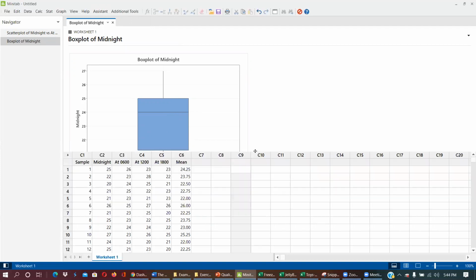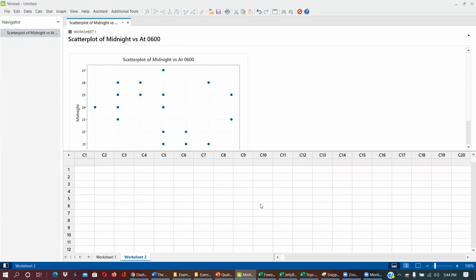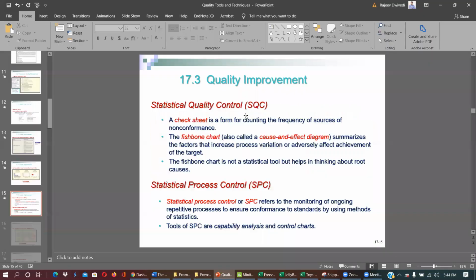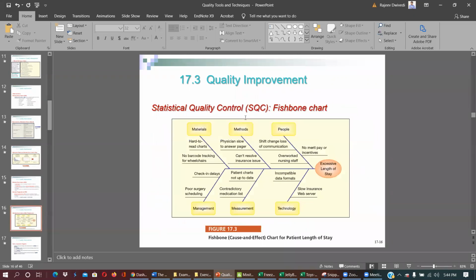Now, another important thing is the fishbone diagram, which is called by three names. There are three names for the same thing: Ishikawa diagram, cause and effect diagram, and fishbone chart.